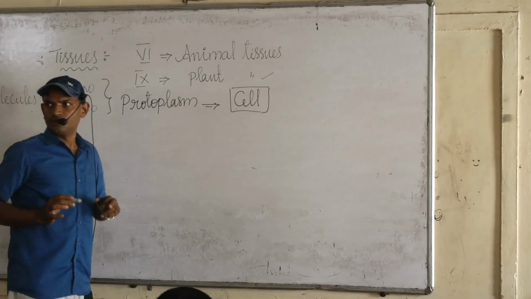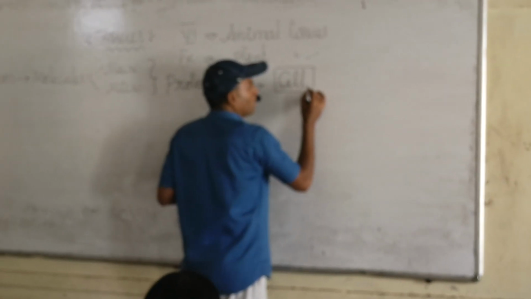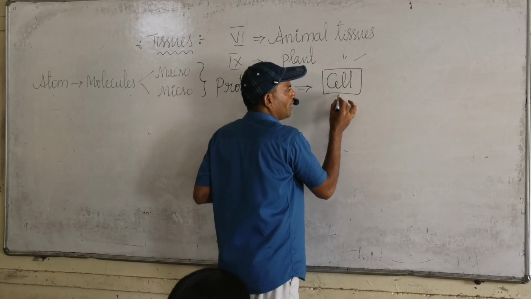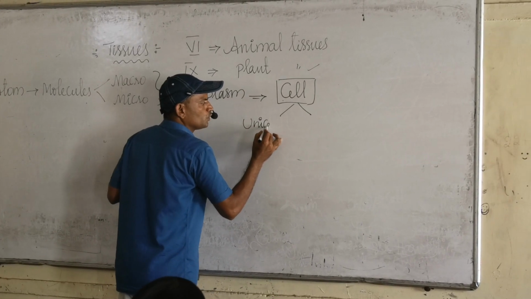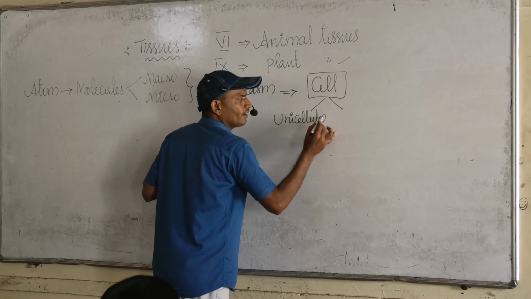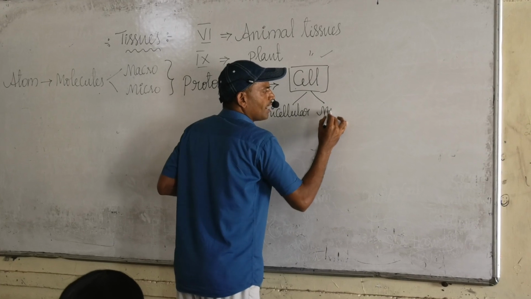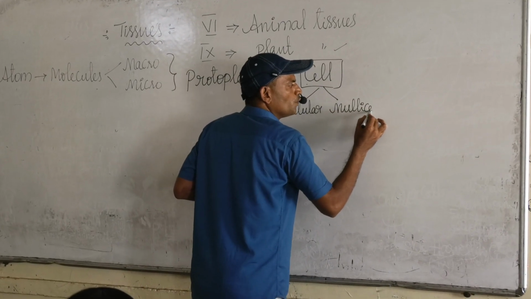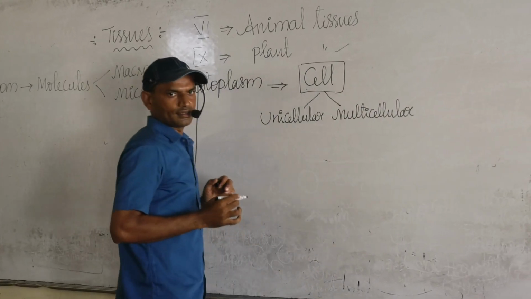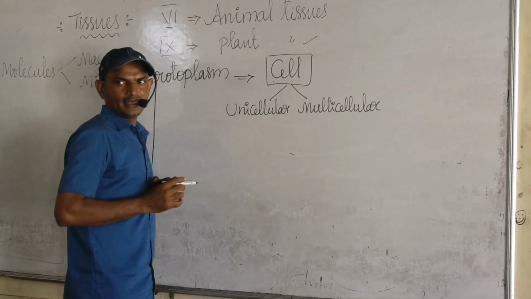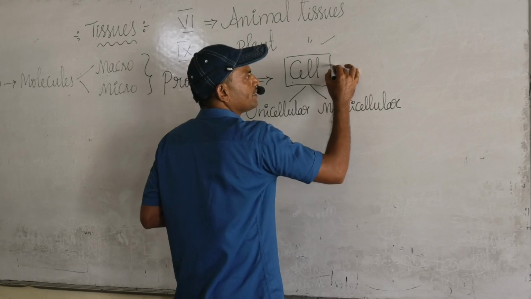Cell. Okay. And depending on the number of cells, living organisms are classified into 2 types: unicellular and multicellular organisms.